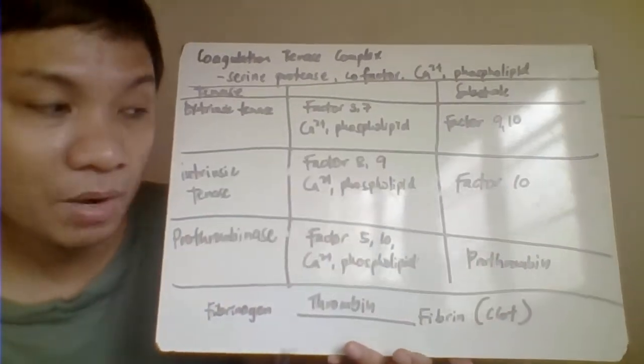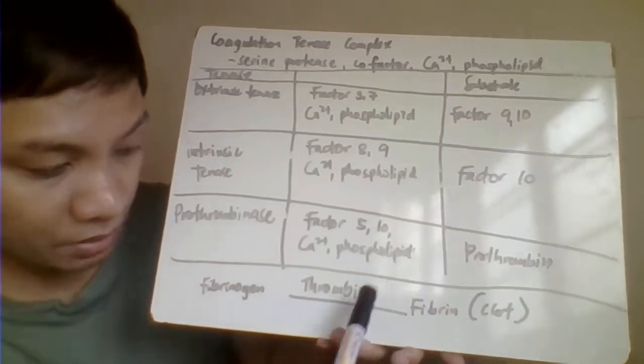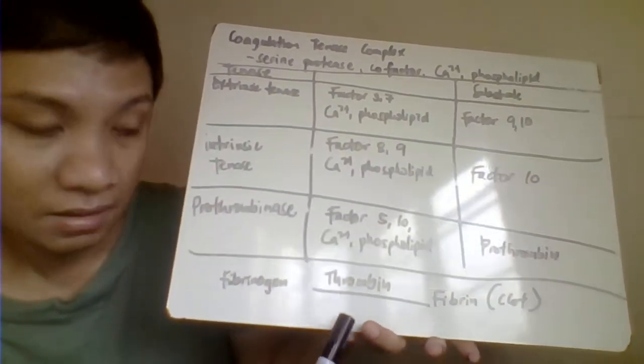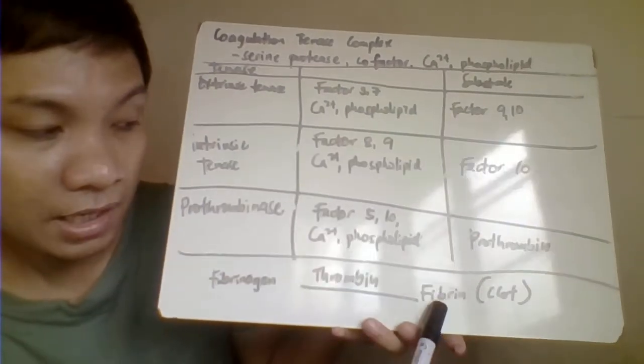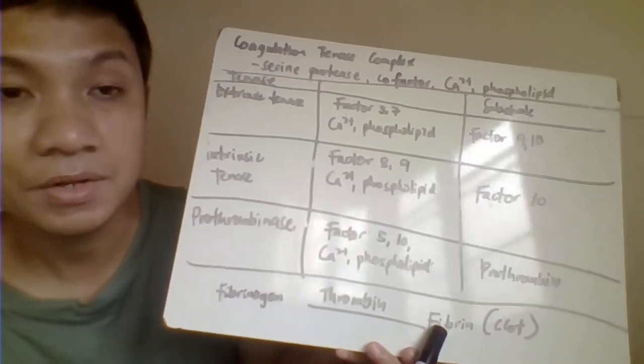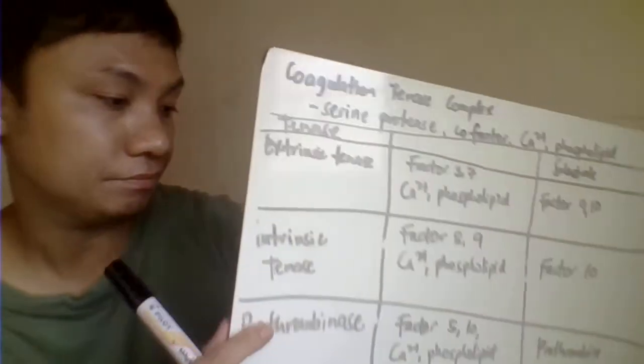Upon activation, you produce thrombin, which eventually converts fibrinogen, and therefore you have your fibrin clot, and that results in the clotting process.